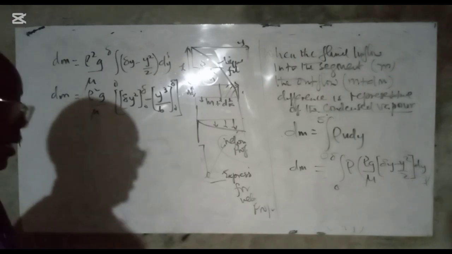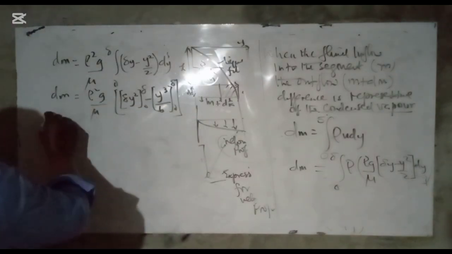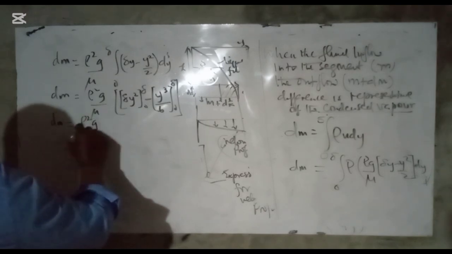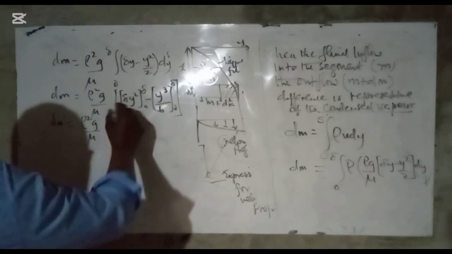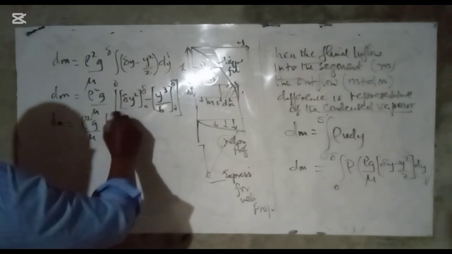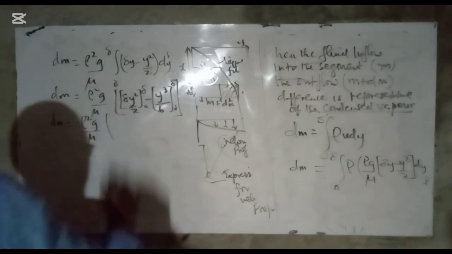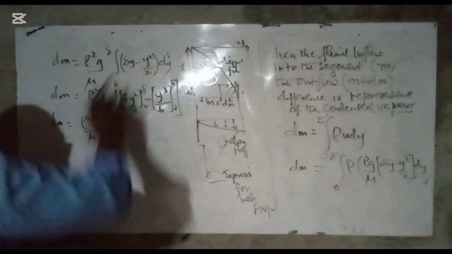So let's open up these quantities here. So we have dm equals rho squared g over mu into, remember that's y squared over 2, we had forgotten that, y squared over 2.